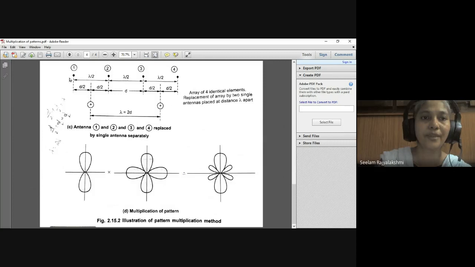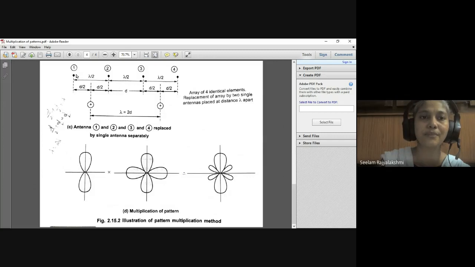But whenever we consider elements 1 and 2 as a single element, the distance is d by 2, d by 2. And 3 and 4 we also consider as a single element, with distance d by 2, d by 2. Actually we have four single elements, but we are treating these two as a single element and these two as a single element.